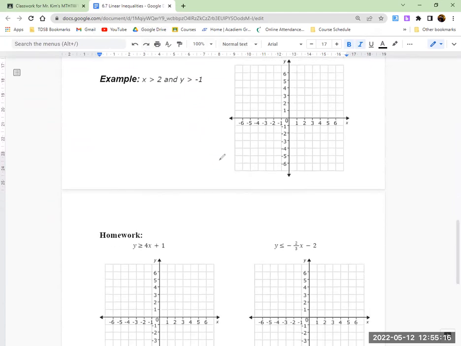So for this inequality, I want the area that satisfies both conditions: the area where the x value is bigger than 2 and the y value is bigger than -1. To graph inequalities, just as before, pretend that the inequality is actually an equal sign.